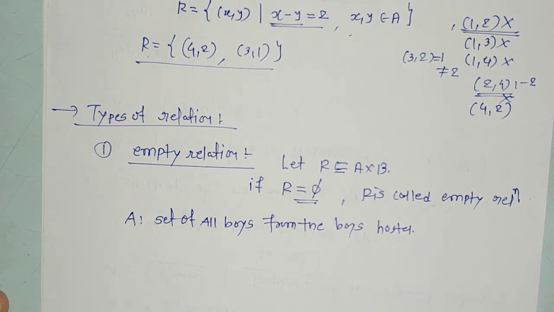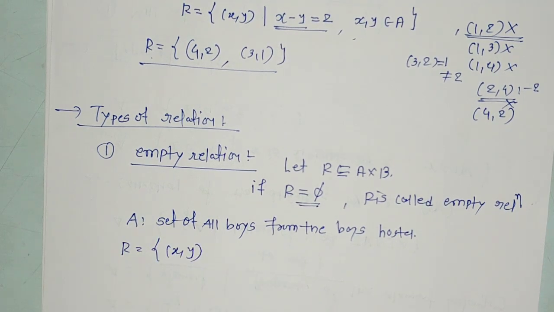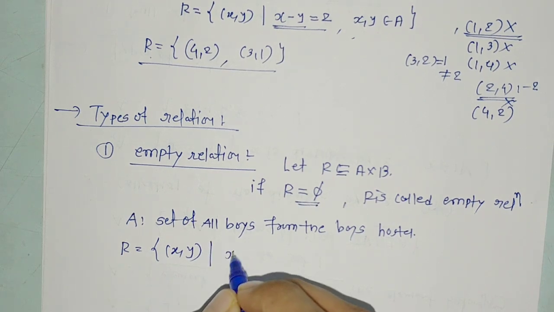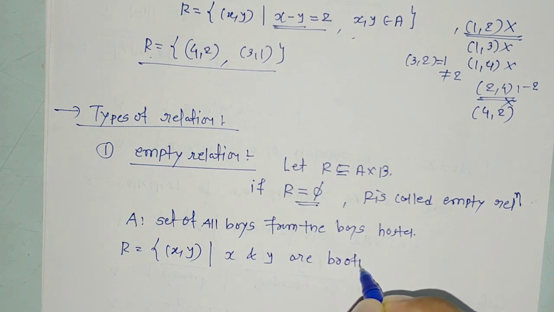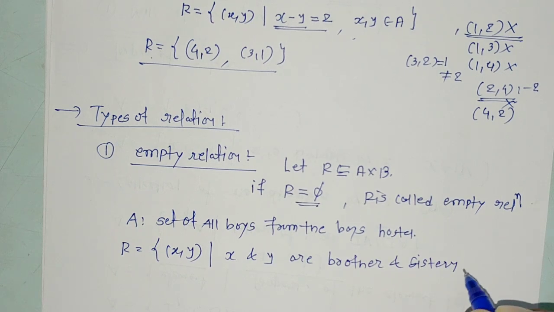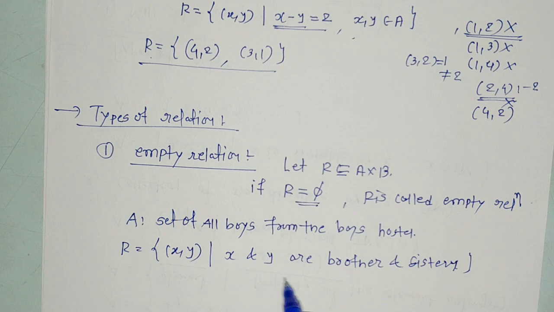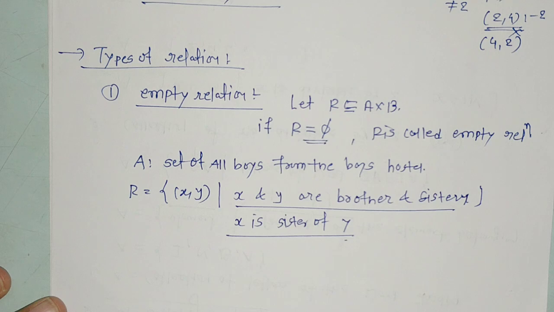I am defining set A this way: set of all boys from the boys hostel, and relation R as (x, y) such that x and y are brother and sister. Or we can understand it this way: x is the sister of y. Okay, I think the relation is clear to you.